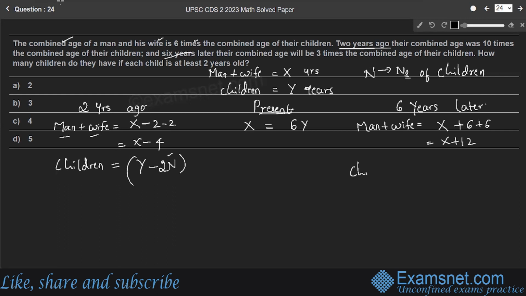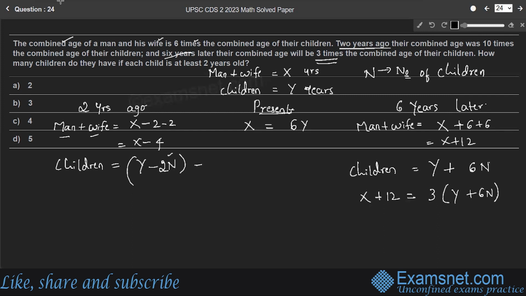And combined age of their children becomes their present combined age plus 6 times n, 6 times the number of children. The relation between these two ages is that X plus 12, the combined age of man and his wife, will be 3 times that of their children, so 3 times Y plus 6n.